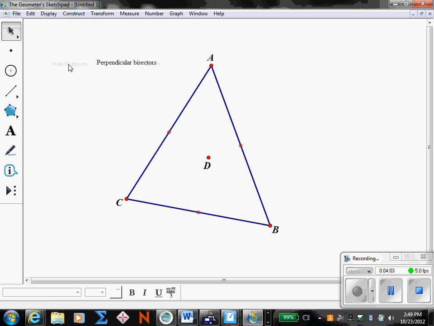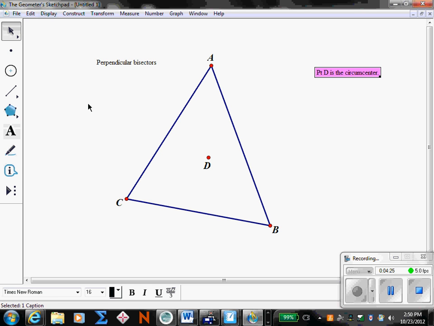I'm going to leave point D as the circumcenter, and I will make that note so that we remember.